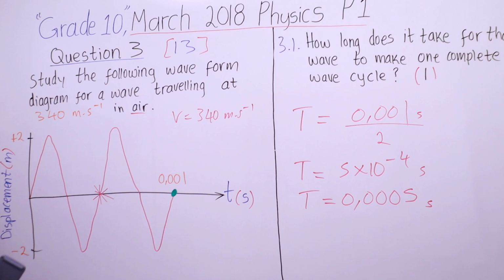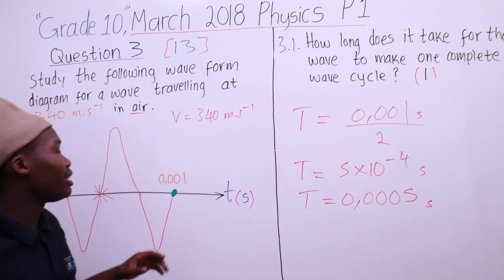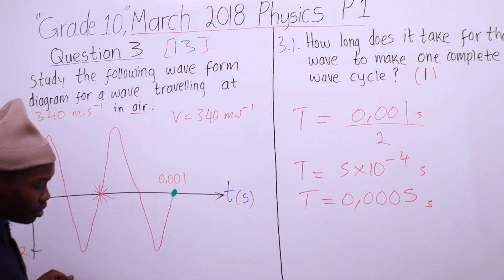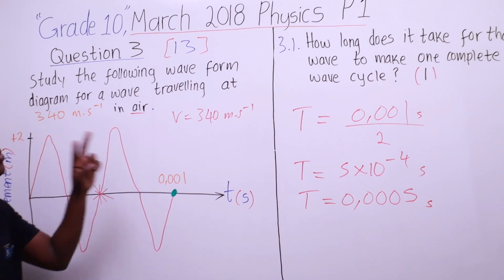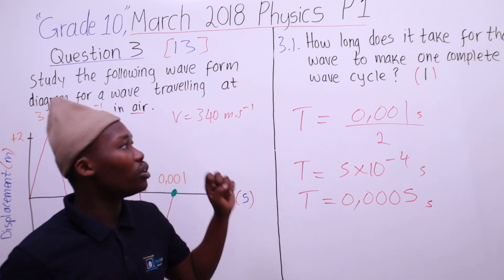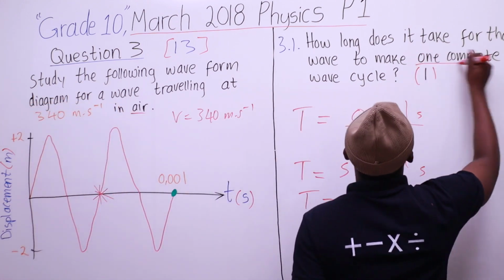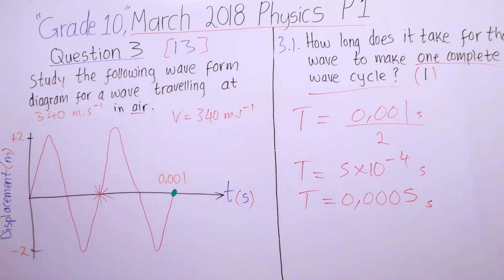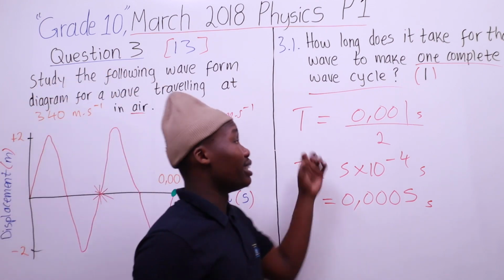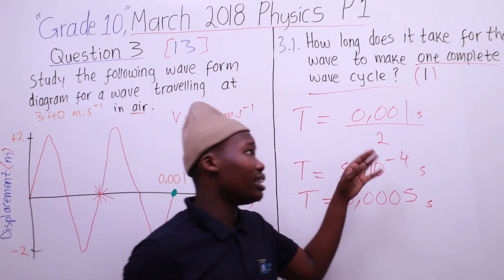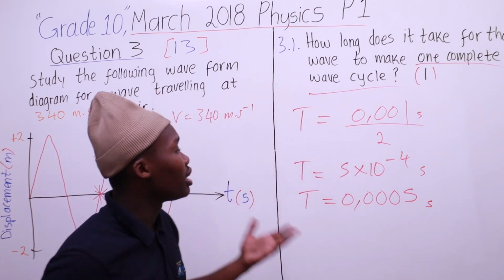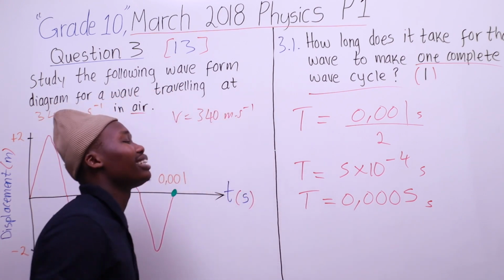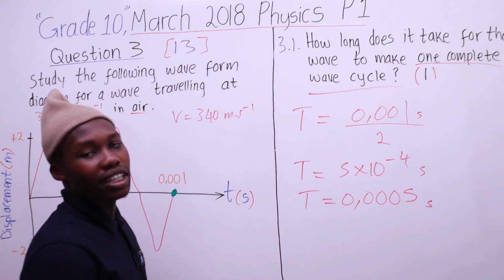So basinikeza nesikhathi sakhona la, which means it took 0.001 seconds to move 2 wave cycles. So to move 1 complete wave cycle, should low number divided by 2. Yabo? Which is what we did there. So t is equal to 0.01 seconds divided by 2. So that's why 5 times 10 to the power of minus 4. So this is just 1 mark.